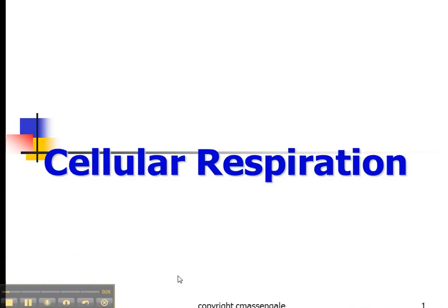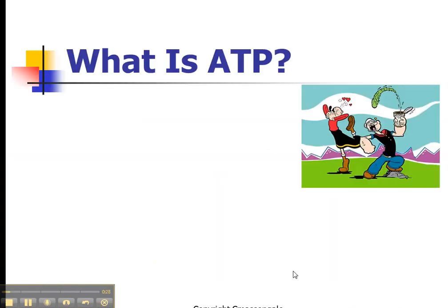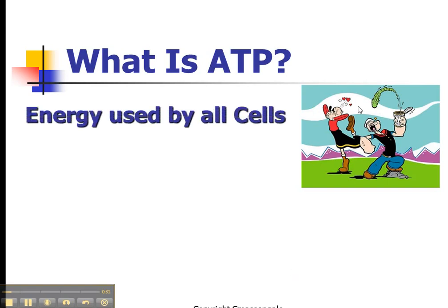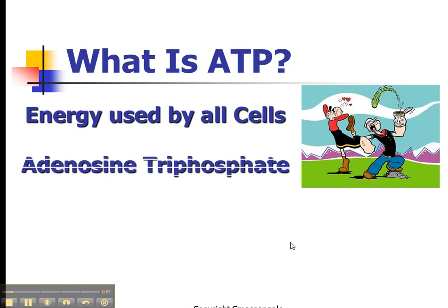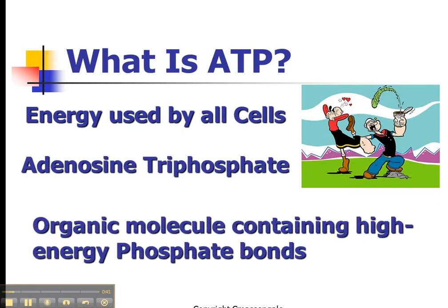So the first thing we have to talk about is ATP, because ATP gives you energy, much like here Popeye getting his spinach. So it's used by every cell. Its actual name is adenosine triphosphate, and it is an organic molecule containing high energy phosphate bonds.